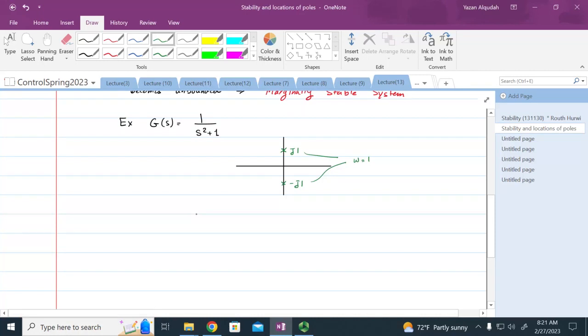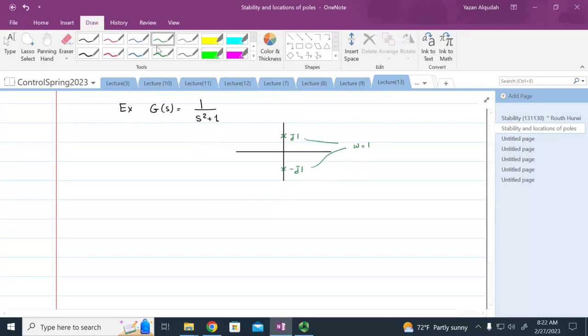Therefore, let's first apply a signal that does not have poles at 1. So if I come to this system, 1 over s squared plus 1, and we apply to it a unit step, this is 1 over s.